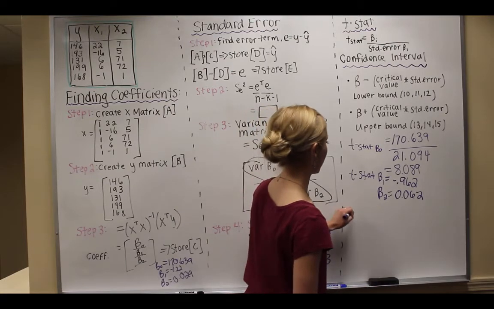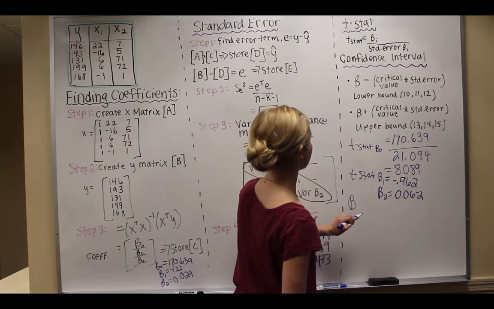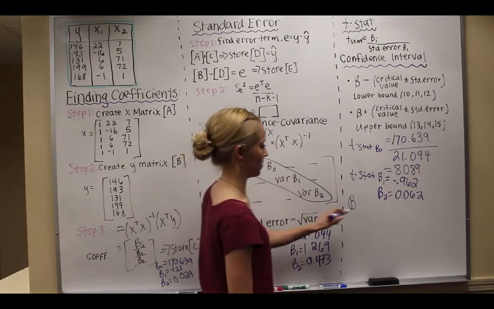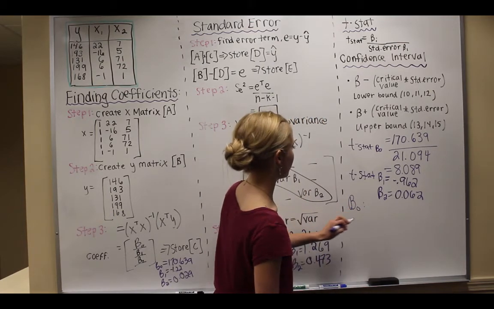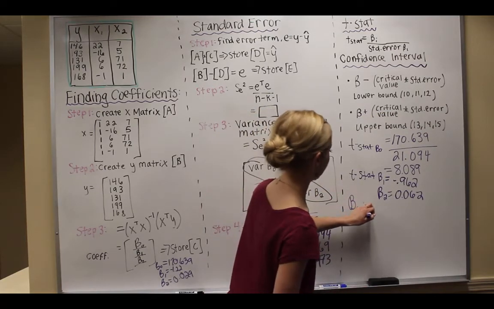For a quick example, we can do the formula for a confidence interval with a lower and upper bound for beta naught. So for beta naught, we have 170.639.